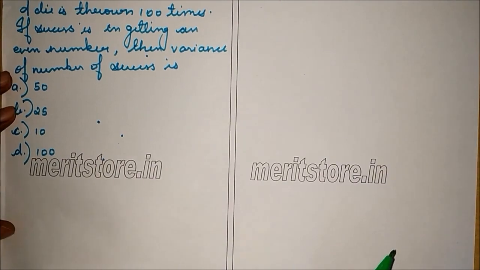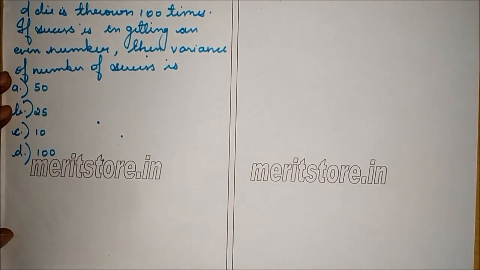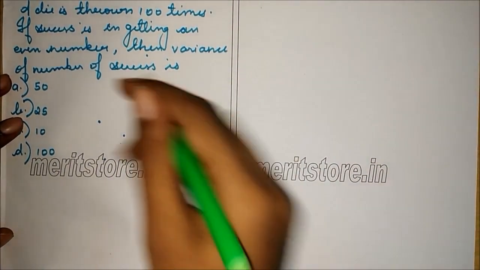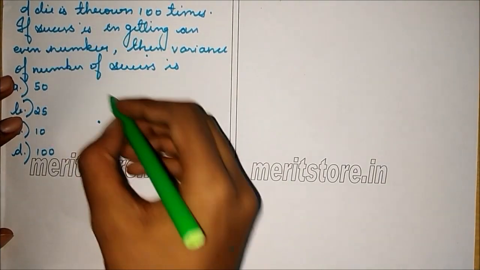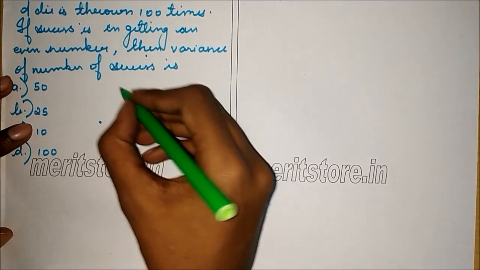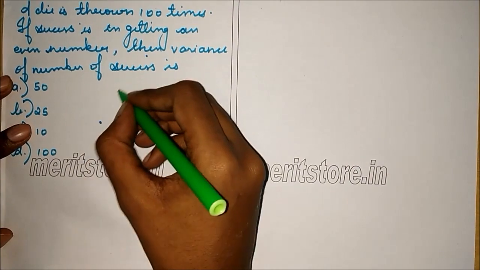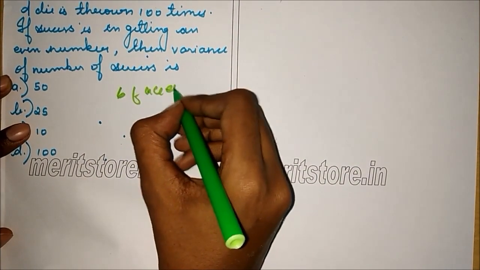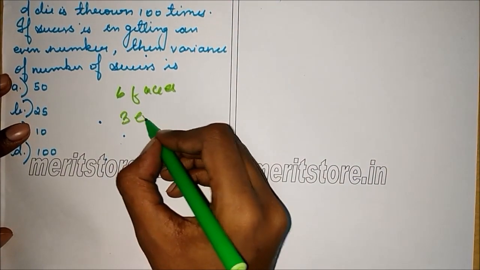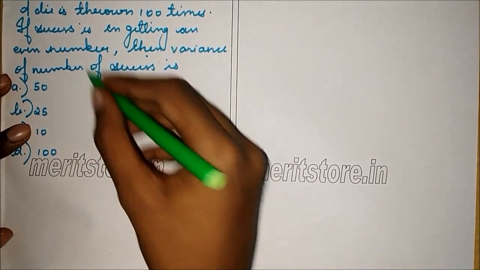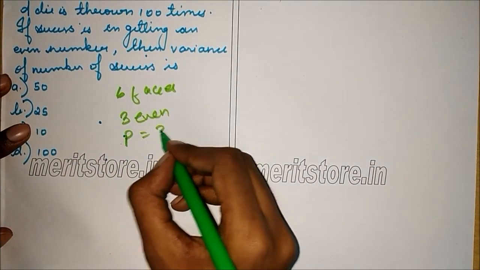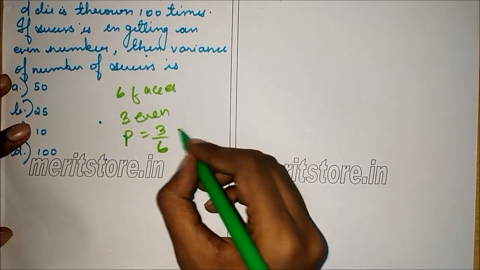A die is thrown 100 times. If success is getting an even number, then variance of the number of successes. So probability of getting an even number is, so there are 6 faces in a die. So there are 3 even. So probability of getting an even number from a die is P is 3 by 6, which is equal to half.